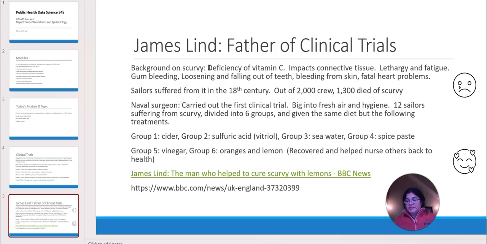And it so happened that within a week, group 6 recovered, and James Lind stopped the study, as was the right and ethical thing to do. Once you figure out in a clinical trial that your treatment is very effective, you stop, and then you're obligated to help others and give the same treatment to everybody else.